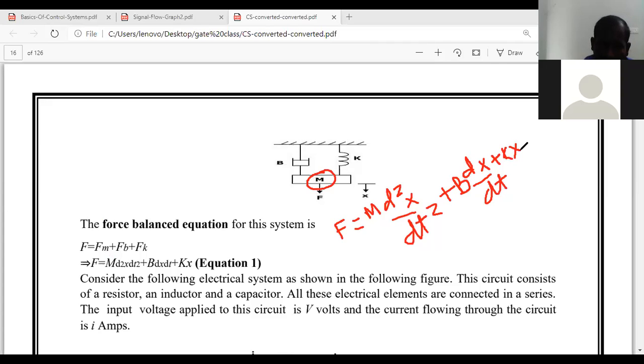Now we are going to use some approximation. Force will be replaced by, in the electrical system, what is the force we will be applying? Potential difference, right? Then one more thing: dx by dt.